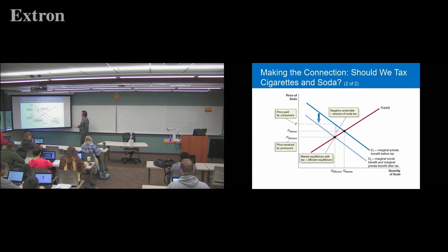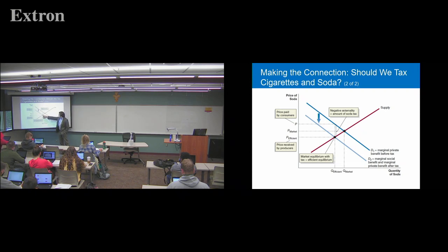So if we place a tax on the consumption of soda that's equal to the negative externality, assuming we know these supply and demand curves and we're able to accurately estimate the externality, we move the marginal private benefit after the tax in line with this D2 demand curve, the social benefit.